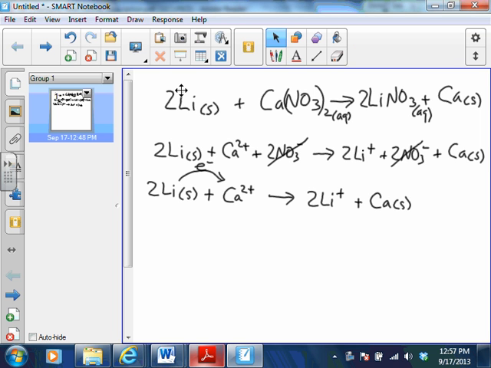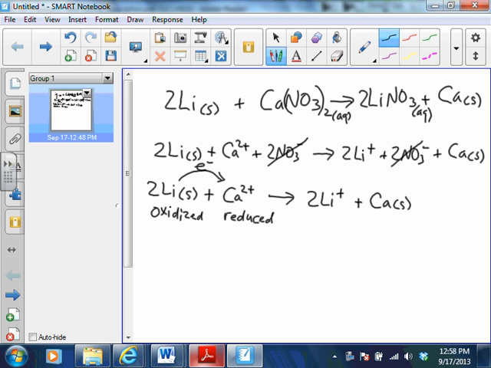Now, oxidation is when something loses electrons. So what's getting oxidized here? Say it again. I heard some of you say it, but very quietly. Lithium's getting oxidized, right? Because it's losing electrons. And then the things that gain electrons are getting reduced. So that would be the calcium, right?